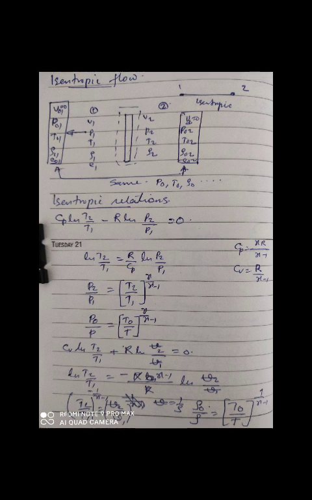That condition is called stagnation condition. So here in this case, V01, P01, T01 etc. are the stagnation condition of state 1, and V02, P02, T02 etc. are the stagnation condition for state 2.